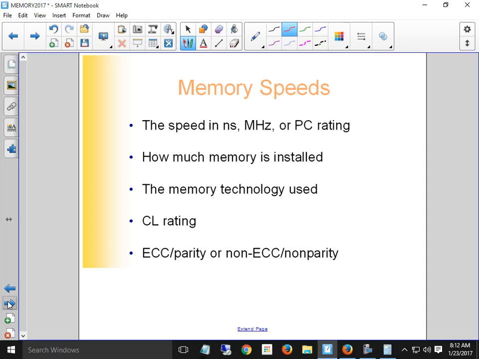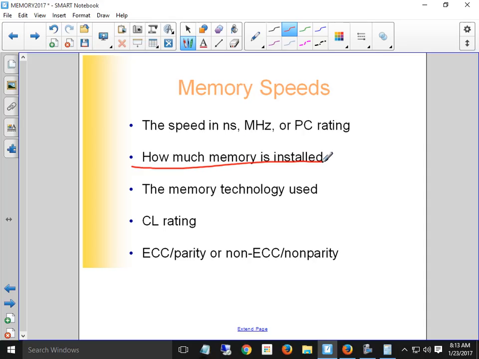Well, we're talking about how memory affects the speed of a computer, and that's what this slide is. How much memory is installed does not truly affect the speed of the memory. The memory is the speed of the memory. But how well the computer runs is rated by the megahertz.